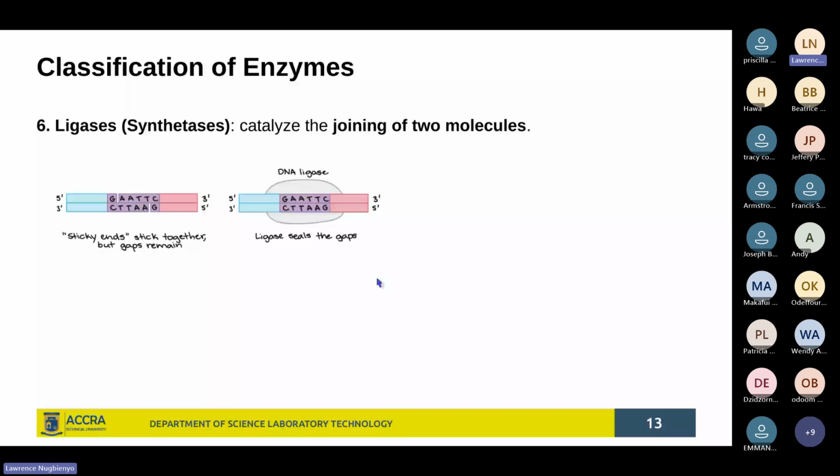So these ligases are the enzymes that catalyze the joining of two molecules. So we saw these classes.